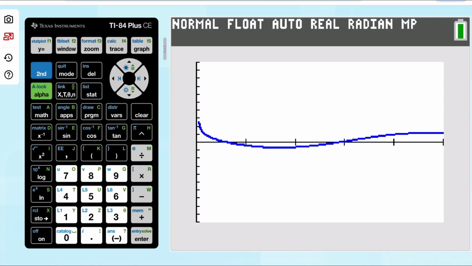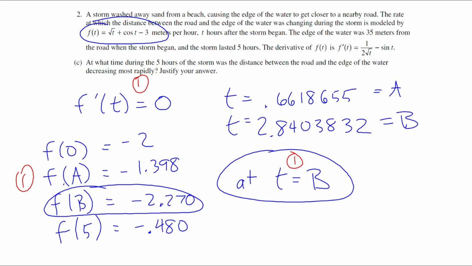So we could see that the minimum could have only occurred at 0 and at this value that we found, 2.840. So you could have done it that way as well, and only tested a couple of those values, right? You could have only tested 0 and f of b, but then you'd have to write a statement about the signs of the derivative as well.